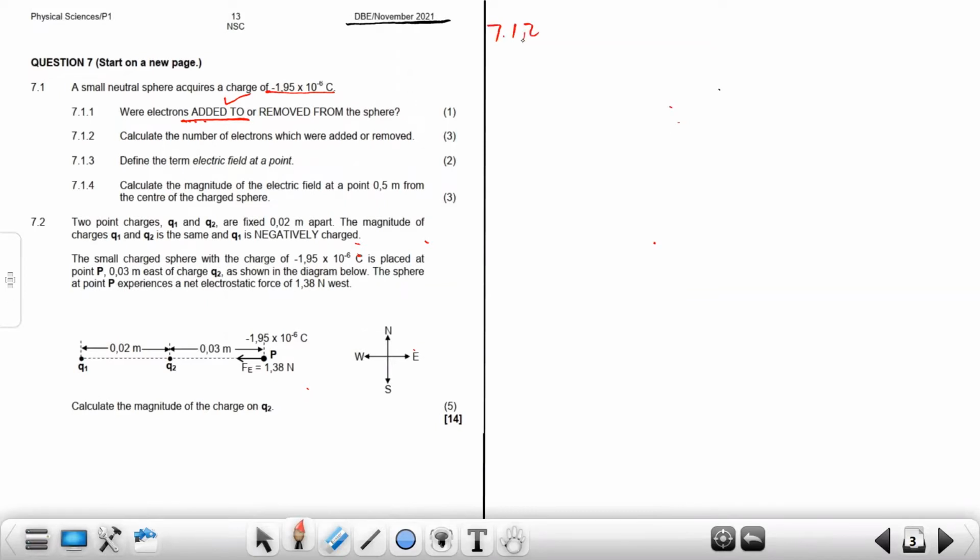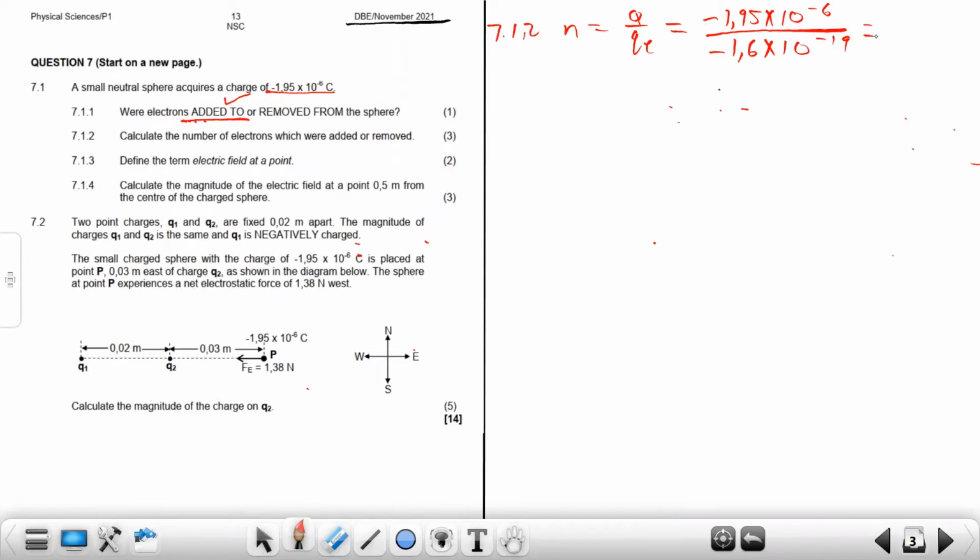7.1.2, it says calculate the number of electrons which were added or removed. This one becomes easy. We know that n is equal to Q over Qe. And now what is the charge? It's negative 1,95 multiplied by 10 to the negative 6, divided by negative 1,6 multiplied by 10 to the negative 19.